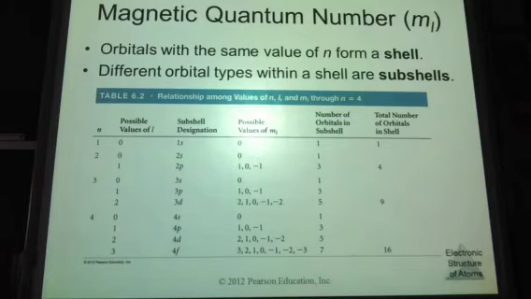Okay. It says that orbitals with the same value of n, so if they're in the same energy, are going to form a shell. So we have that energy level. Different orbital types within a shell are called subshells. So if I think about my energy level, that's the shell. And then let's say that we're on the 2nd row of the periodic table. So I'm on the 2nd energy level.